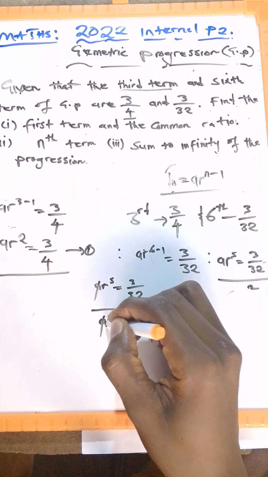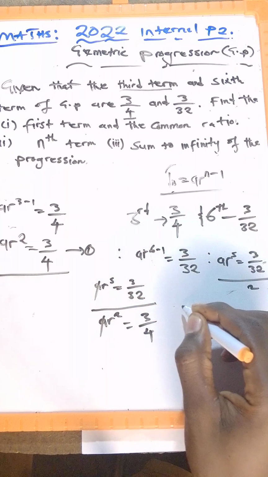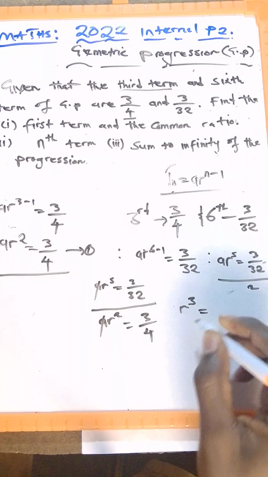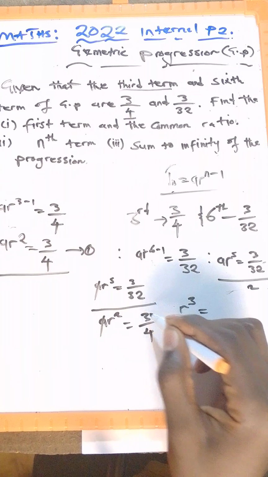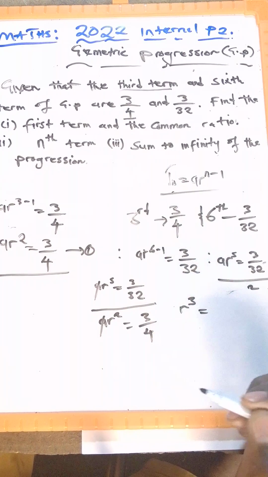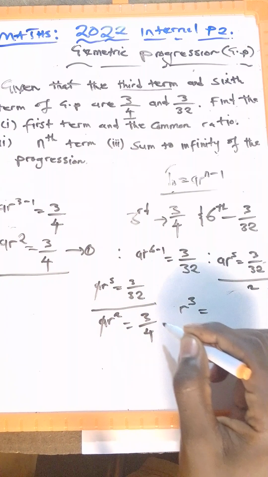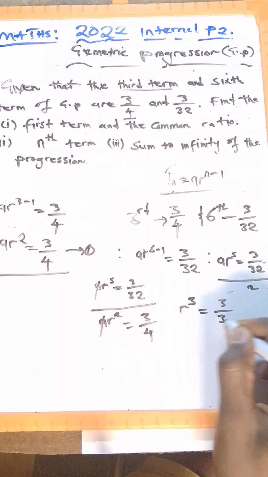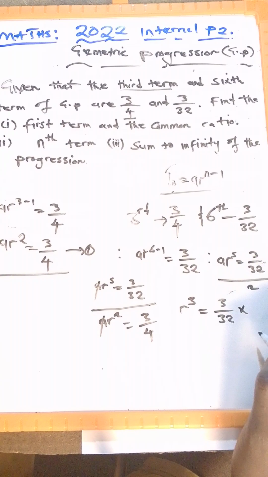So 5 minus 2 will give us r to the power 3 is equal to this part. How can we deal with this part? This is division. We know that if we have 3 over 32 divided by 3 over 4, this division will turn into multiplication.